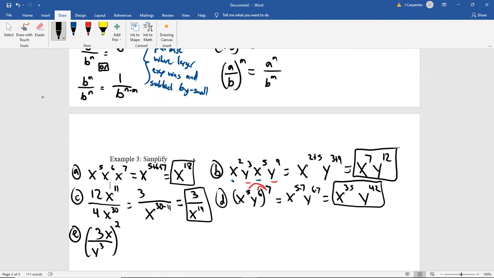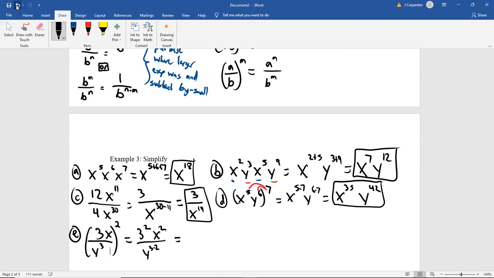So this is very similar to D in that we have an exponent on the outside, so we give that exponent to everything inside. So 3 squared, x squared, and then y cubed squared. So since it's y cubed squared, we're multiplying it. If you wanted to wrap this thing in parentheses like so, you could do that instead. It's up to you.